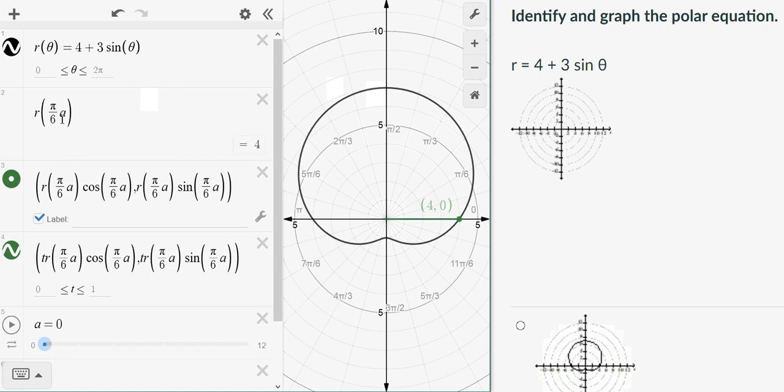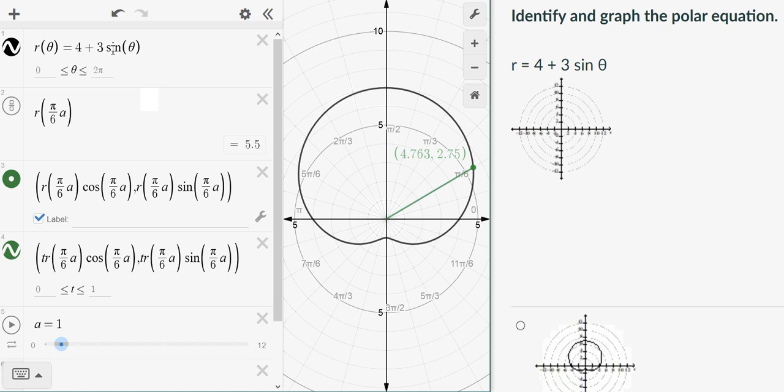So when theta is 0, you do have r is 4. That's this point. And then when theta is pi over 6, you plug in right here. Pi over 6 is 30 degrees. Sine 30 degrees is 1/2.